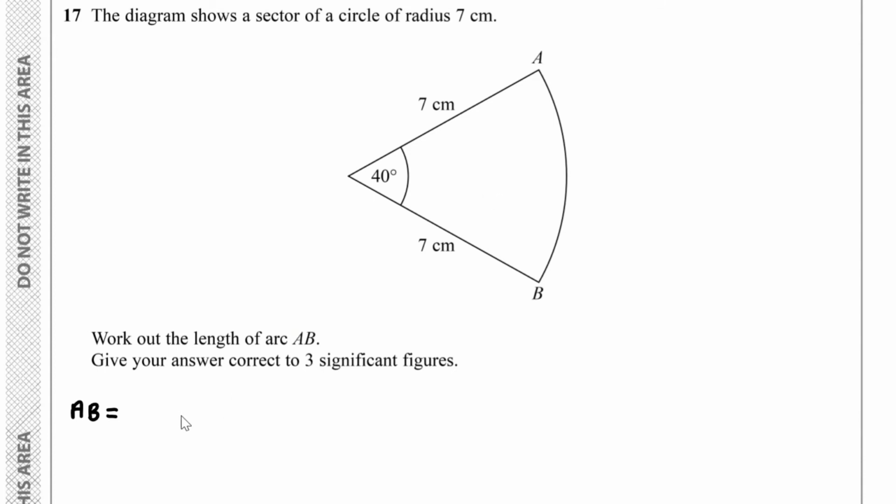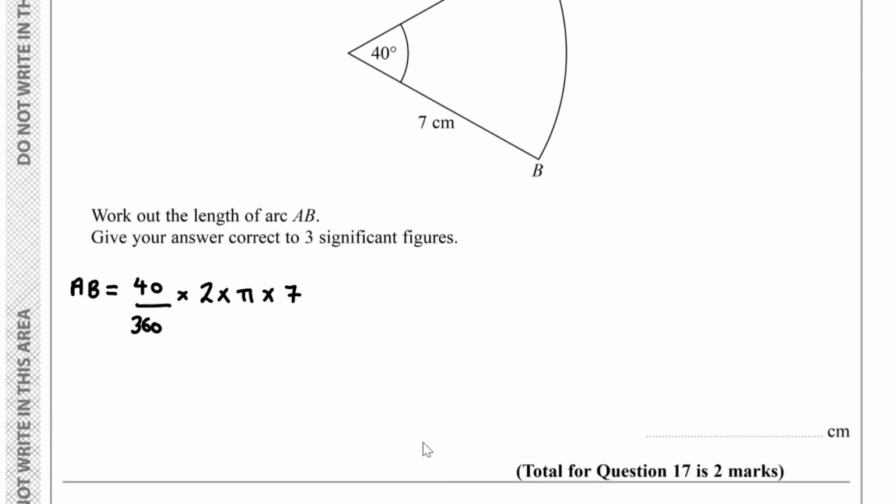Now the circumference is equal to 2 multiplied by pi multiplied by the radius, which is 7, and the proportion we've got is 40 over 360. So we have 40 over 360 multiplied by 2 times pi times 7.